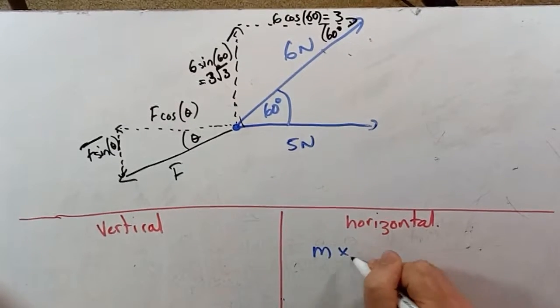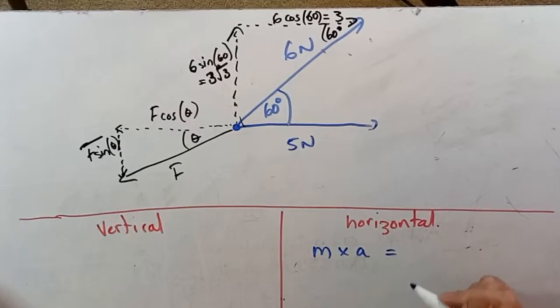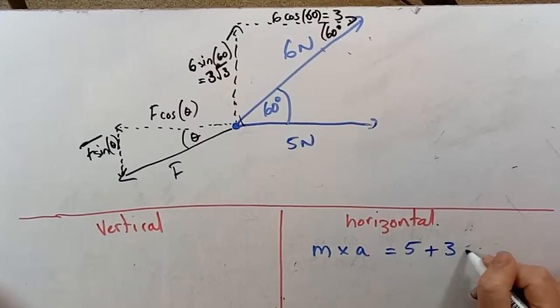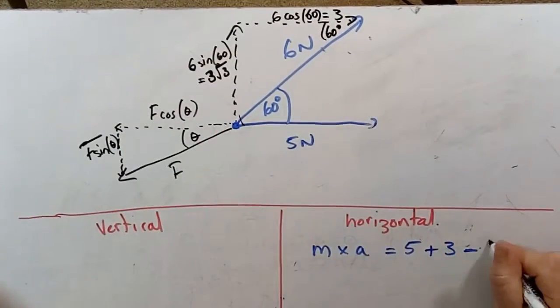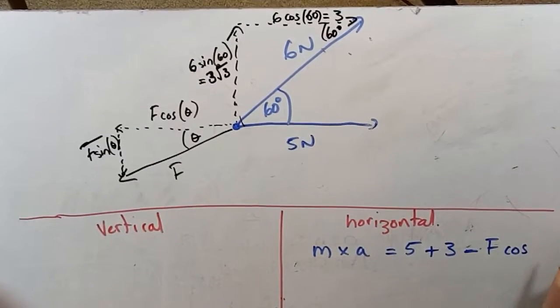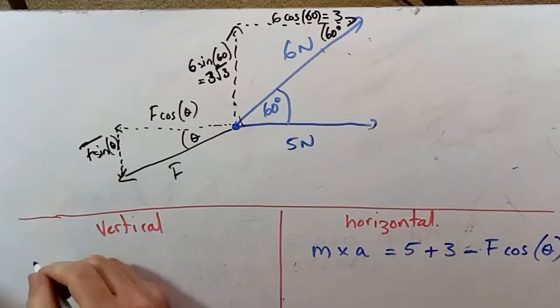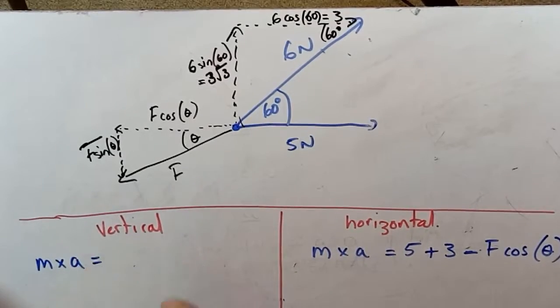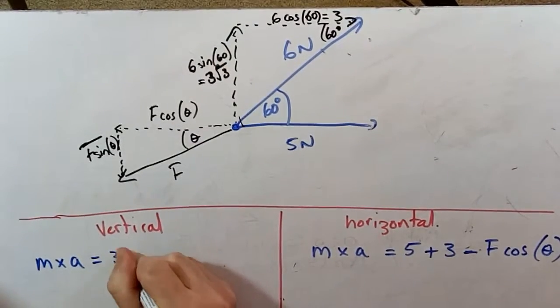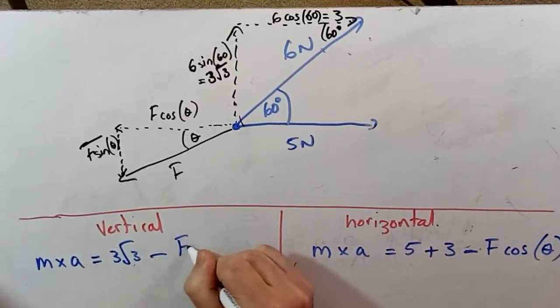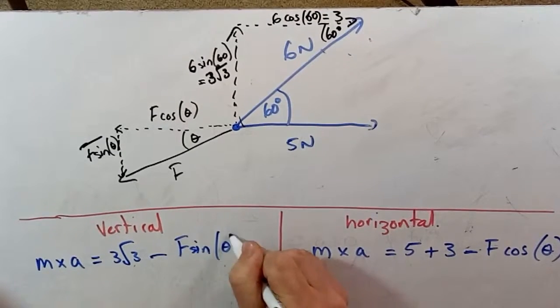Okay, so we'll go m times a equals 5 newtons this way, this one, 3 newtons this way, minus this one pulling this way, F cos of theta. Okay, what about vertically? We've got this one up, so we've got m times a equals this one up, 3 root 3, and then minus this one, minus F sine of theta.